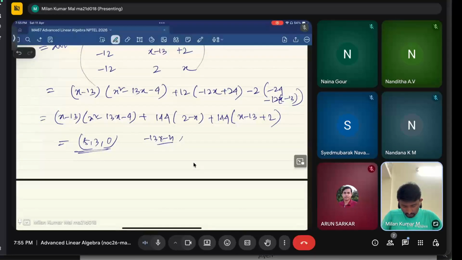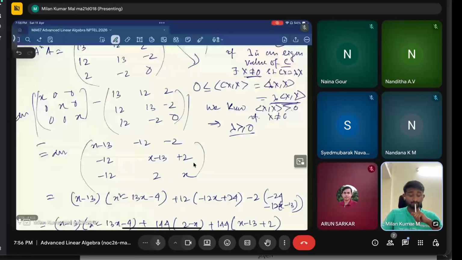In singular value decomposition, I have to find A star A and find the eigenvalues of A. So from here, one can see neither the row sum is matching, nor the column sum is matching.